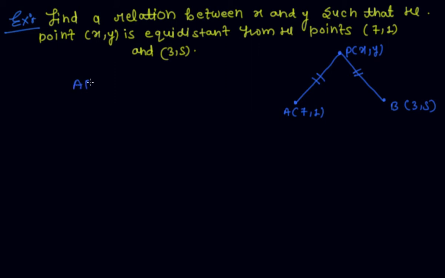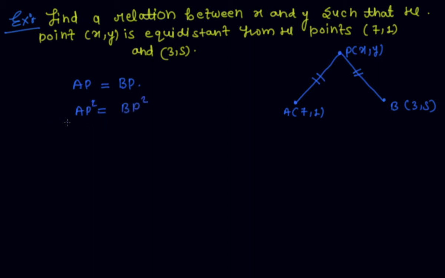So AP is equal to BP. Now squaring both sides, AP square is equal to BP square.